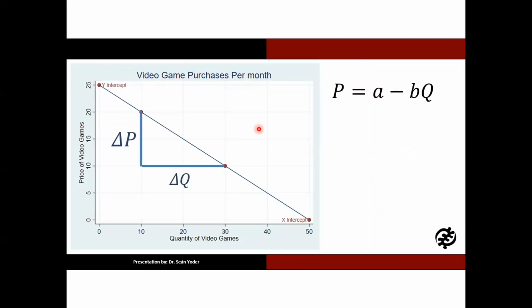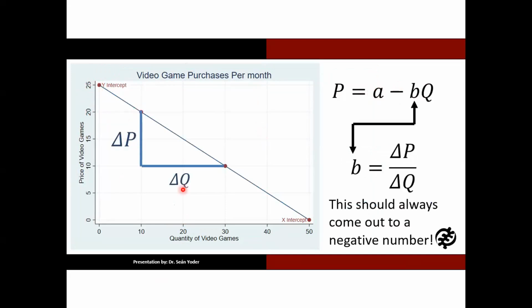More on A in a minute. So the slope is rise over run. In this case, rise is price, so it's change in price over change in quantity. So we go down $10, that's negative 10, and then positive 20. Negative 10 divided by positive 20 is equal to negative 1/2. There's our negative that we expect.